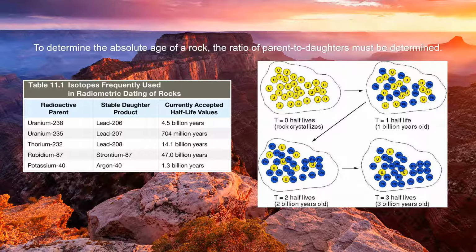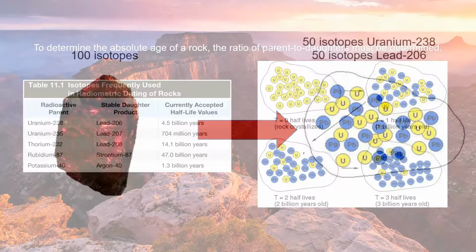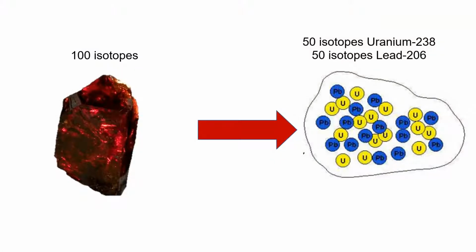Again, you're analyzing what the percentages of parents are as compared to daughters. Let's say that we had 100 isotopes in there, and you found a ratio of 50 isotopes of uranium-238 and 50 isotopes of lead-206.